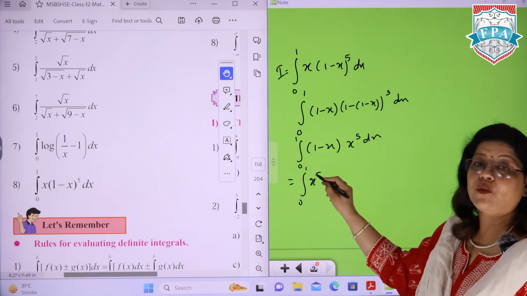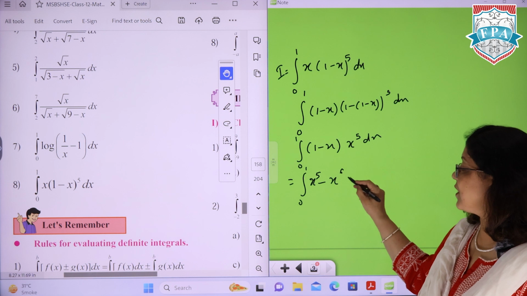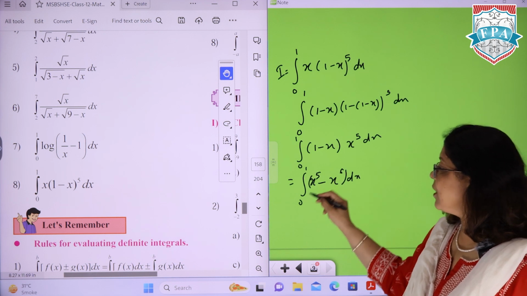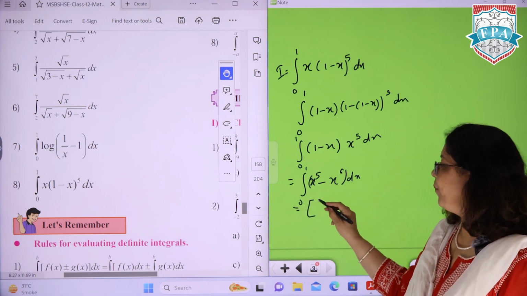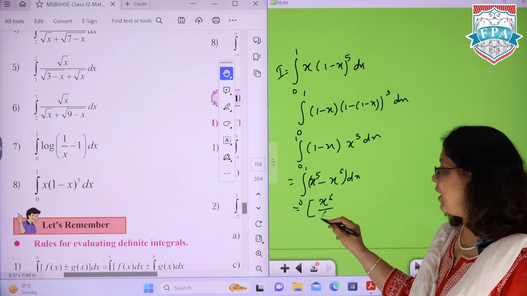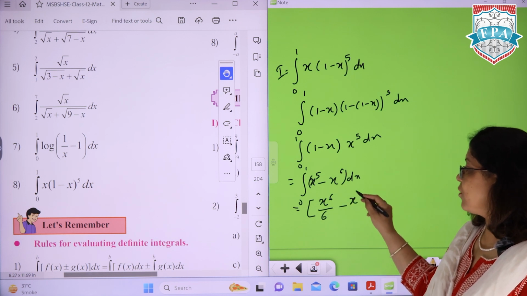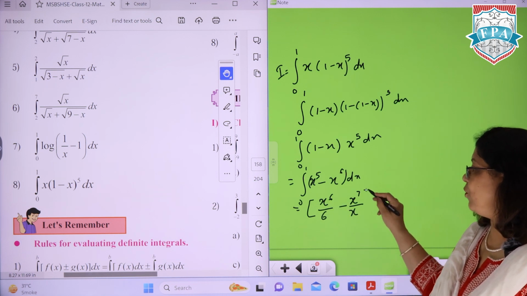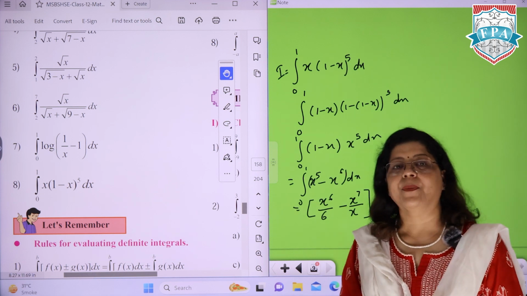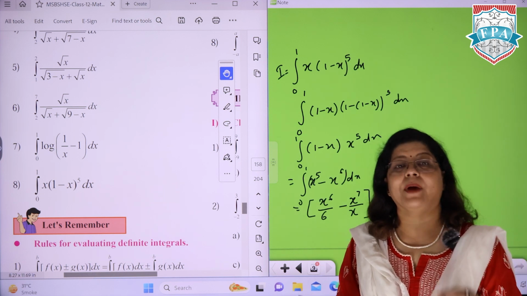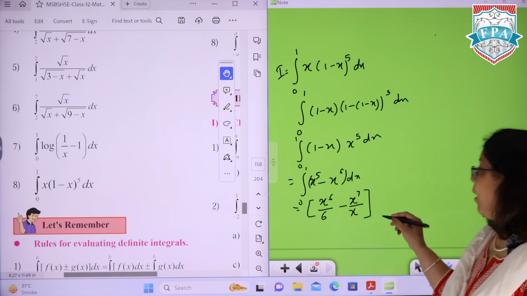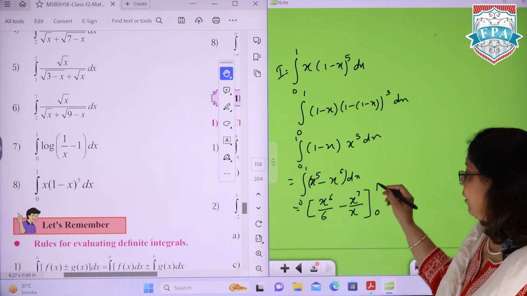It is x to the power of 5 minus x to the power of 6 dx, and simply integrate: x to the power 6 by 6 minus x to the power 7 by 7. We are using the formula x to the power n plus 1 by n plus 1. Below we are getting 0 to 1.